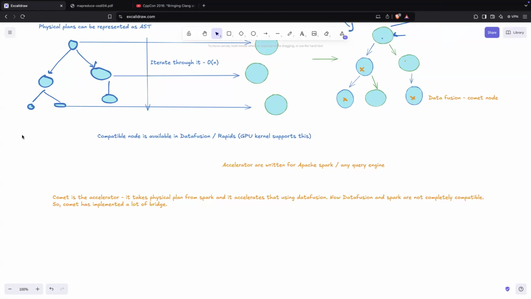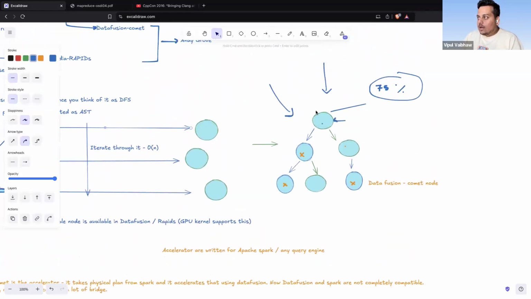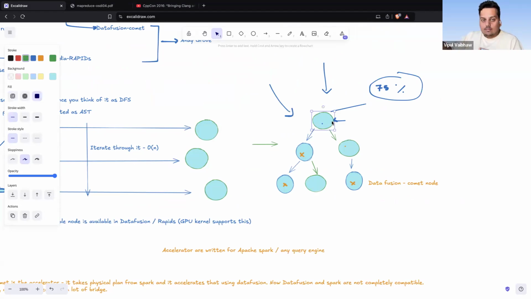How does a system decide to execute completely in Spark or completely in DataFusion Comet, if partial nodes are Comet or partial nodes are Spark based? Correct. During this translation, let's say you have a shuffle hash join. The shuffle hash join can be replaced with the DataFusion implementation, and we have the remaining nodes with the Comet based implementation.